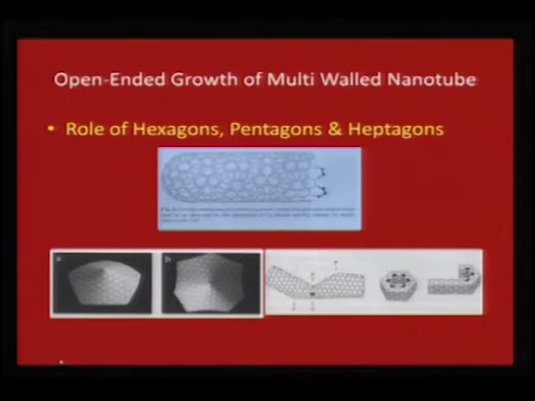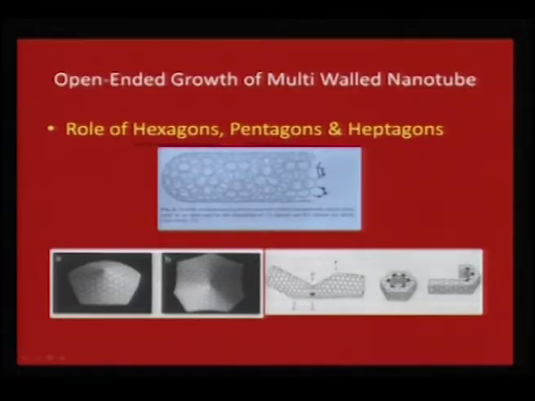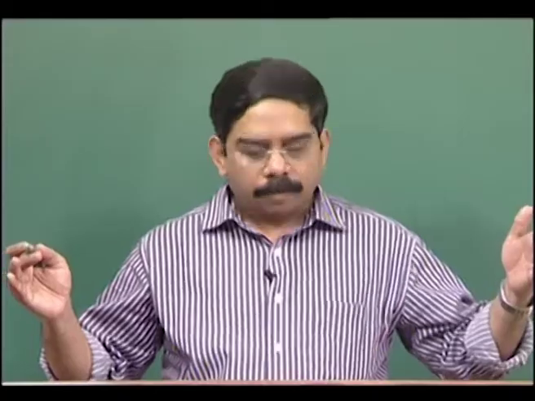Open ended growth of multi-wall nanotubes seems to occur mainly because of the role of hexagons and pentagons, which play the important role in propagating this along one axis. As you see here, these are C2 clusters, these are C3 clusters, and the way they join the nanotube which is growing determines whether it will be open ended or whether it will close, or what will be the length scale of the growth process.